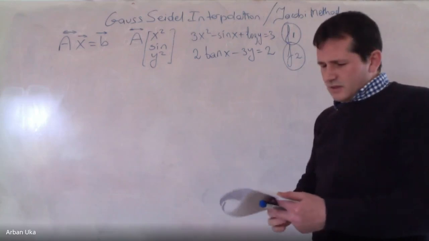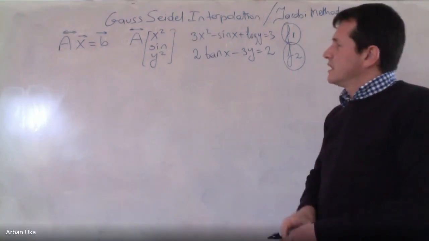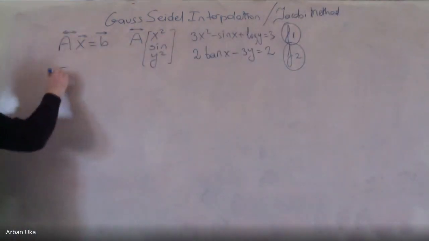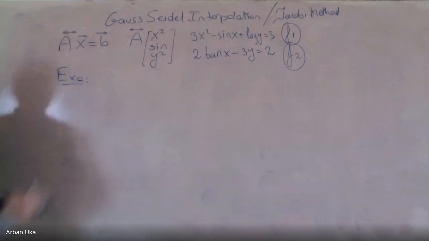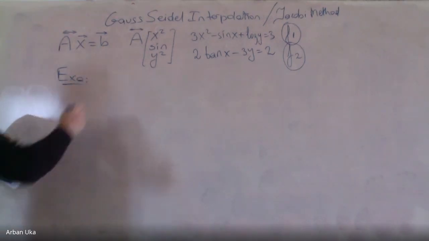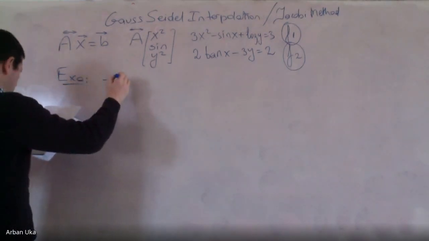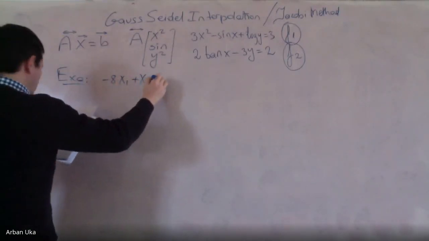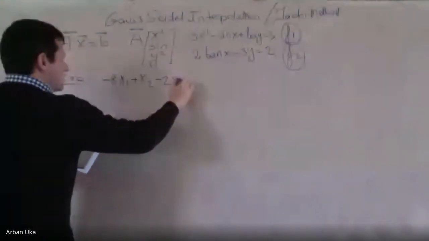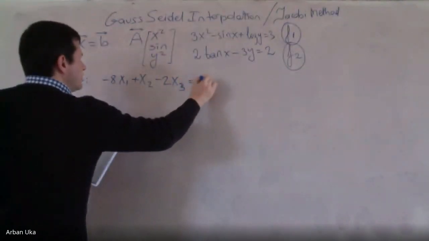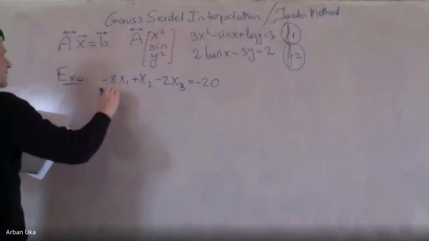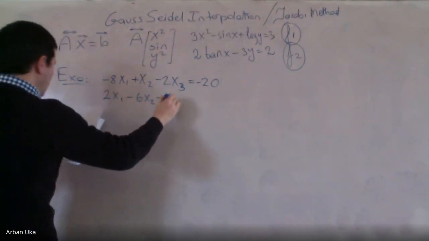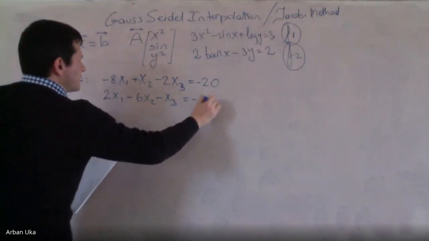And let's see. Last time we gave a couple of examples, and let's try to solve one actually. It's always good to start like this. So let's imagine that we have this equation: minus 8x1 plus x2 minus 2x3 is equal to minus 20. 2x1 minus 6x2 minus x3 is equal to minus 38.